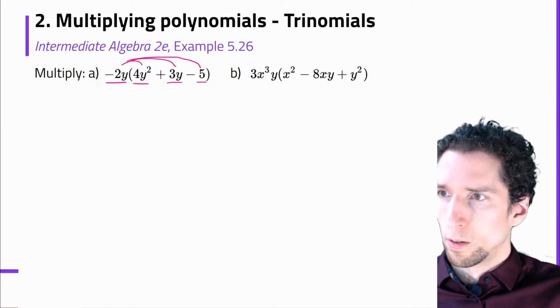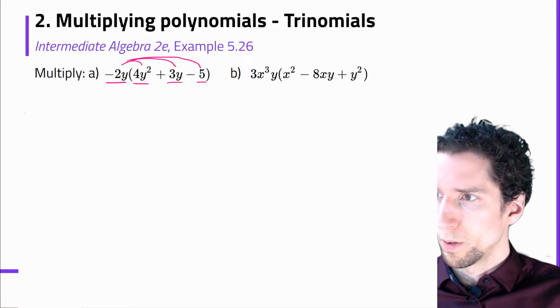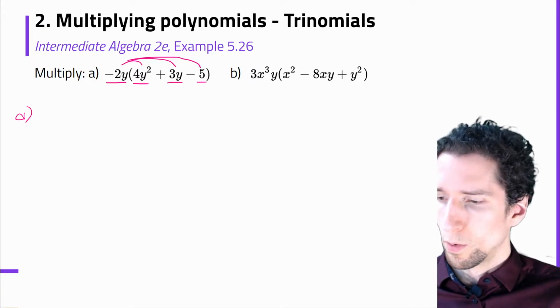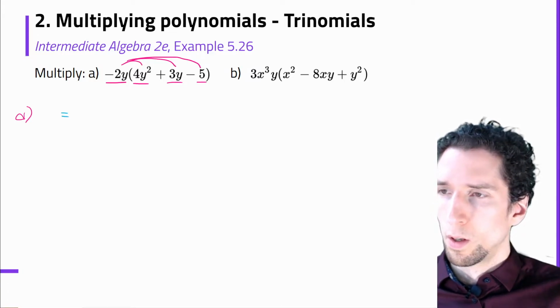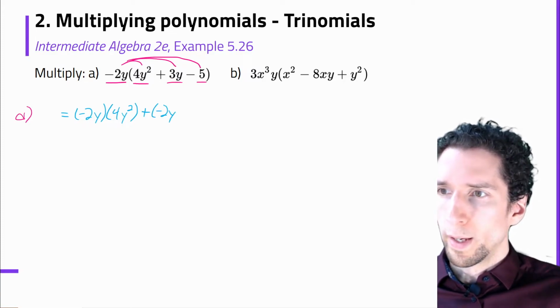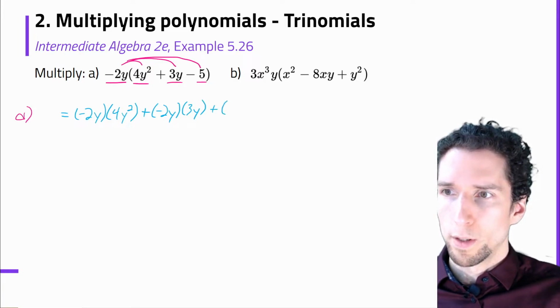So for A here, our first line here will be this -2y times 4y squared. Just writing this with lots of detail for this first one. -2y again times 3y and -2y minus times -5 here.